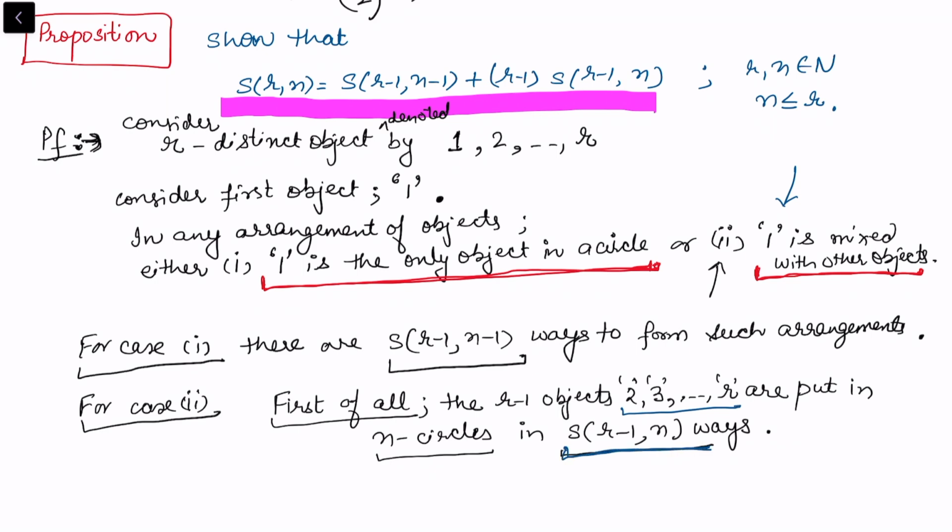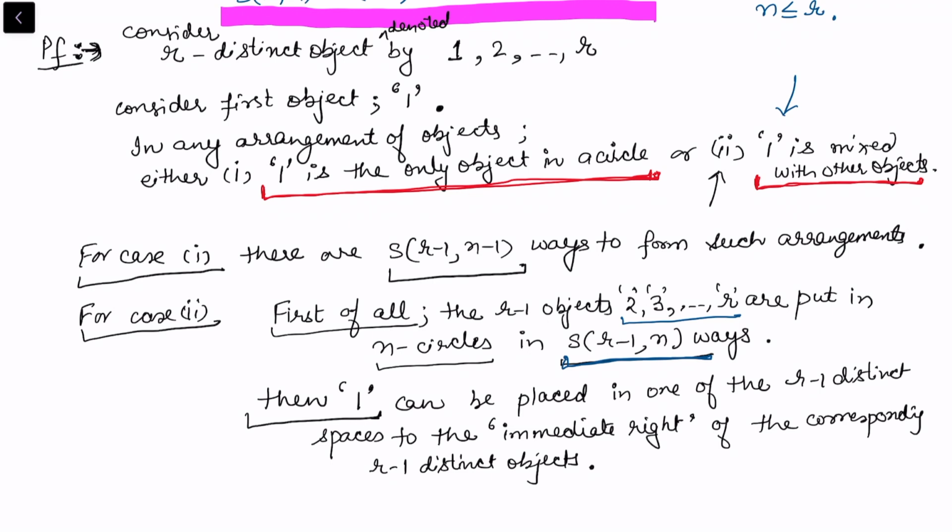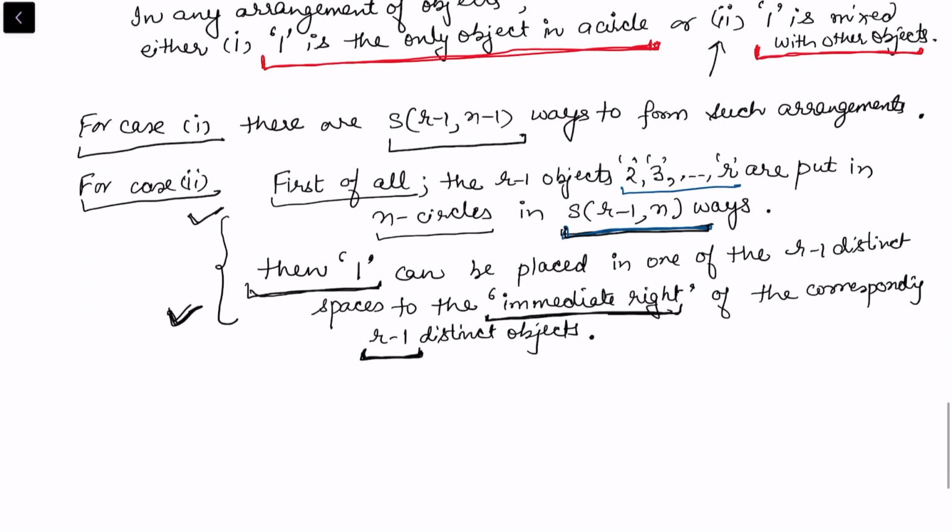And then 1 can be placed in any of the R-1 distinct spaces. We can simply say you put it on the immediate right, or you can place it at the table in which there are other objects. That can be done in R-1 possible ways, because the remaining were R-1 objects. So this is a sequential approach. We first place R-1 objects, then we place 1 and mix it with the others. So here we will use the multiplication principle.